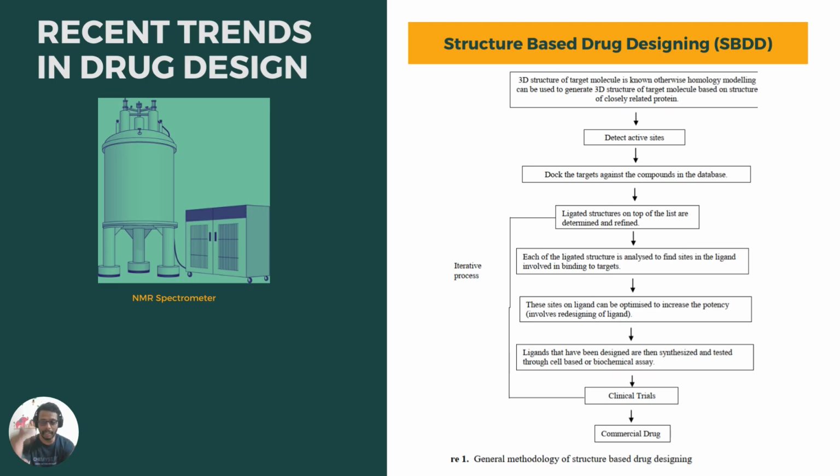So from a list of ligands which are refined, the ligands that are able to bind the active sites of the targets are identified, and next, those sites on the ligands can be optimized to increase the potency involved in the designing of the ligand.